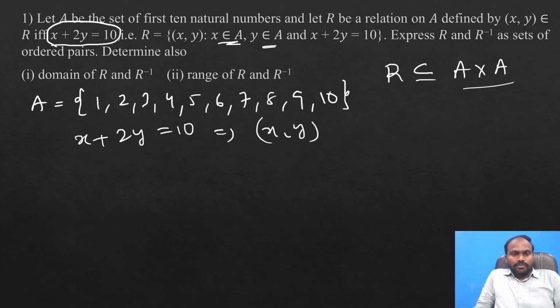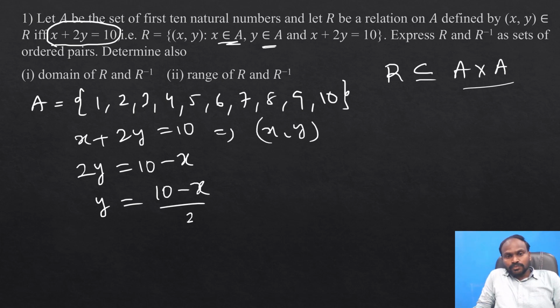So here I will write 2y equals 10 minus x, then y equals (10 minus x) by 2. So 10 minus x is supposed to be an even number, then only we can get y, because x and y both are natural numbers. They clearly given that x and y belong to A, where A is the set of first 10 natural numbers. So what values can I take in place of x?